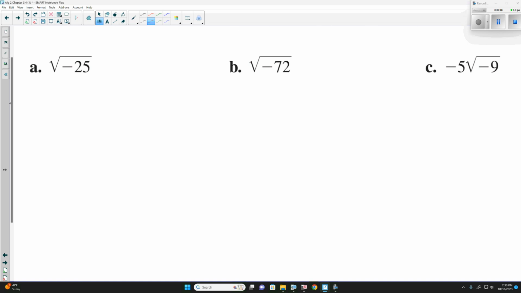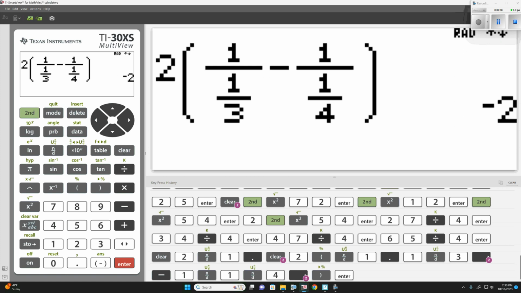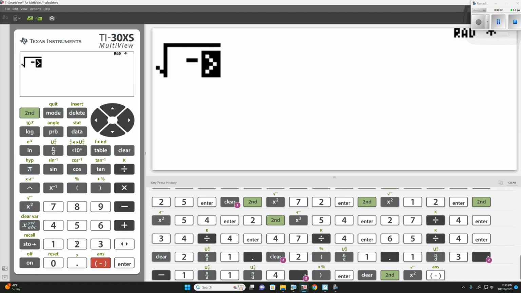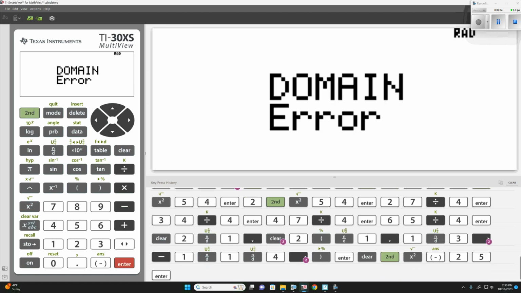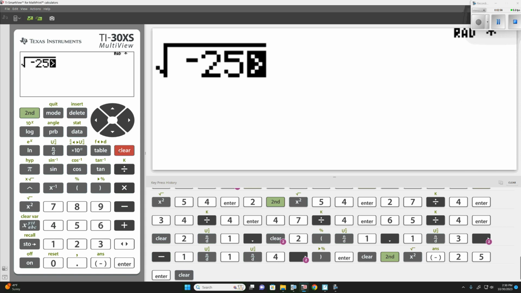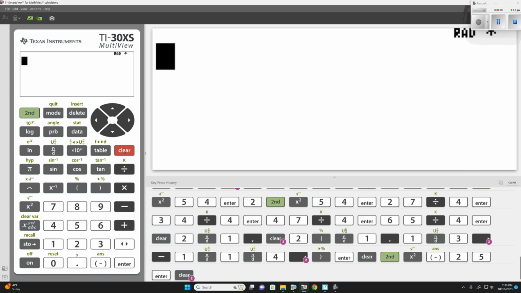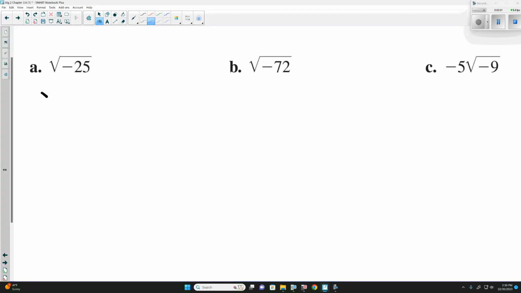Now, the first thing we're going to do is simplify the following expressions. So the square root of negative 25, we can try these in the calculator. Domain error, because the calculator cannot take the square root of a negative number. But we can break this up and simplify it a little bit. Because the square root of negative 25 is the same as the square root of negative 1 times 25, according to our properties of radicals.